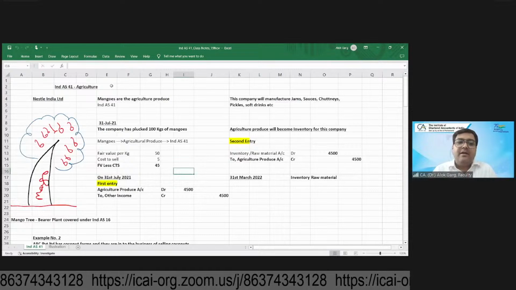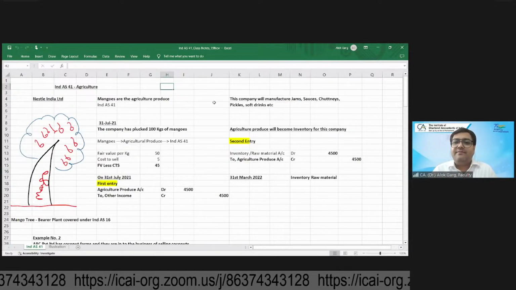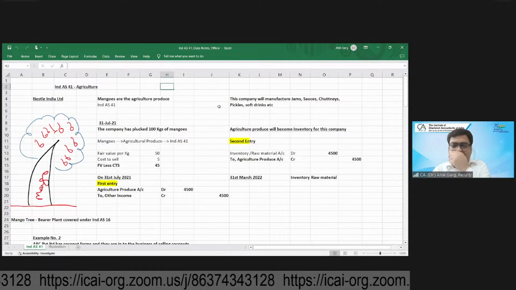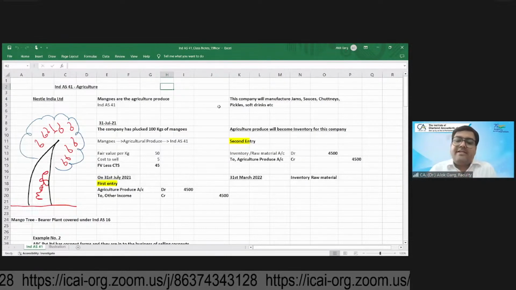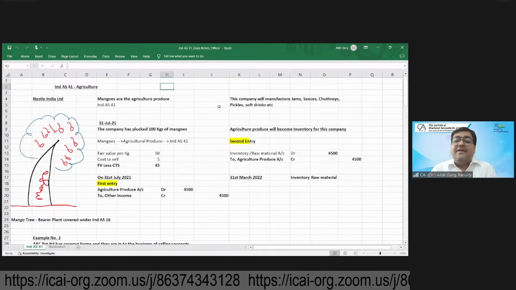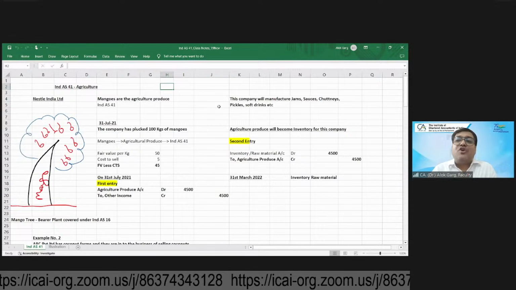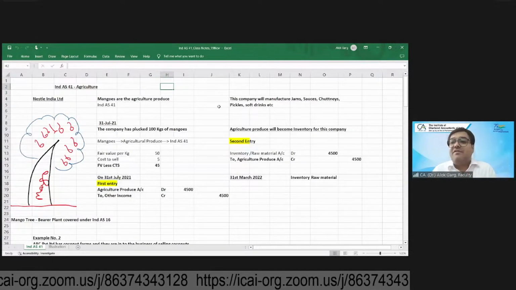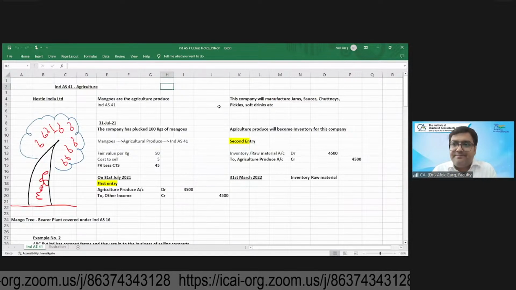For example, I hope my Excel file is visible. Yes, sir. For example, Nestle India Limited has a mango orchard. So this mango tree is covered under Ind AS 16, correct?